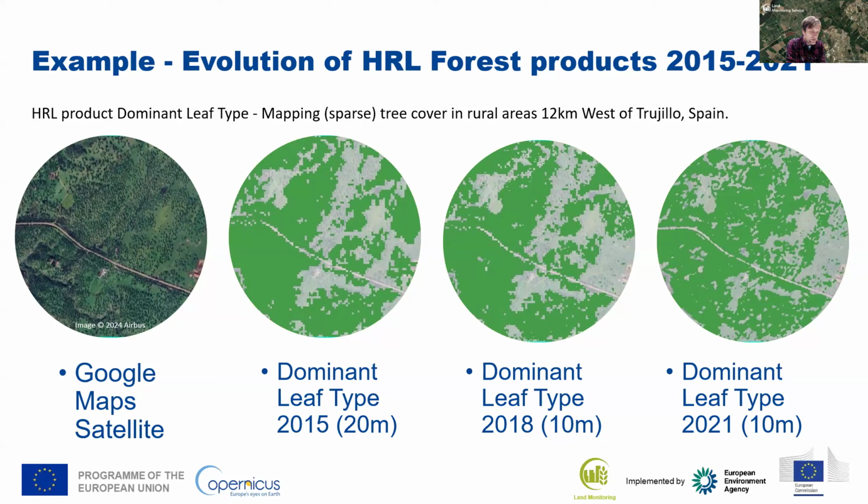And in 2015 and 2018 we see that especially in the center part there are lots of these areas with sparse tree cover not mapped, but with the permanent leaf type in 2021 produced during HRL-VLCC, we can see that these sparse tree covers are also mapped, at least the majority of it is mapped, and also the quality and the detail of the classification is improved compared to the previous iterations, which can also be seen in the exclusion of the road that is crossing the image.